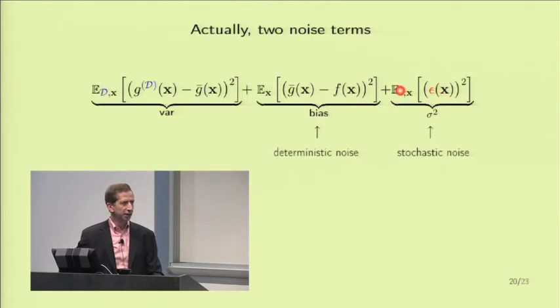This is not the source of the problem of overfitting. This is just identifying terms in the bias variance noise decomposition, in this case, that correspond to the different types of noise. The problem of overfitting happens here, and that happens because of the finite sample version of both. That is, I get n points in which there is a contribution of noise coming from the stochastic and coming from the deterministic.